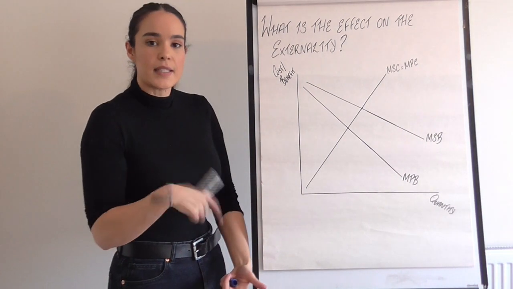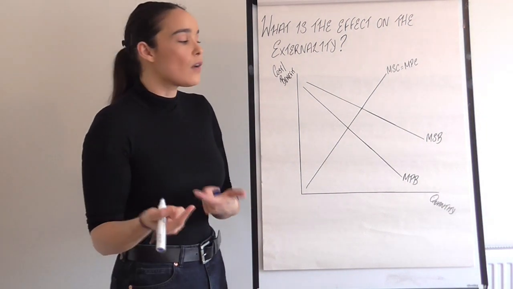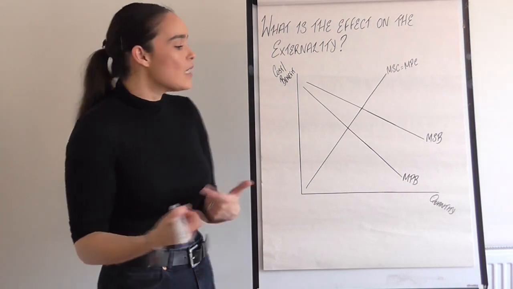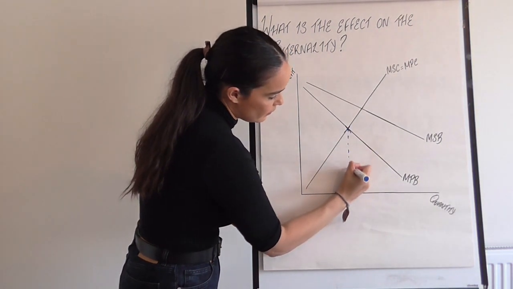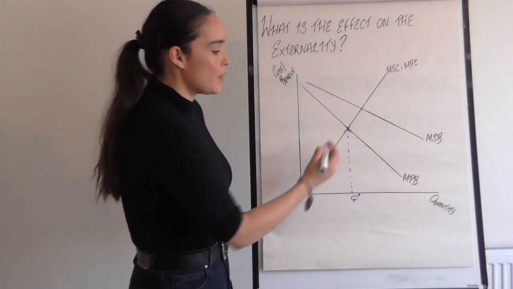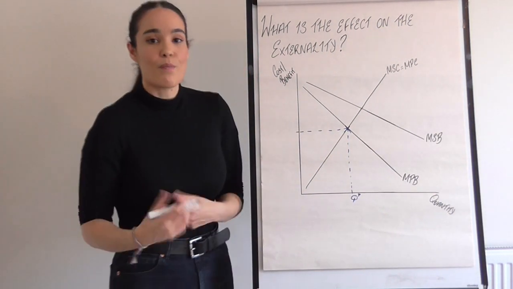We value our own short-term utility, not even our own long-run utility, because we don't have the information about it. So therefore we're going to consume at this quantity here. This is our private equilibrium, and we are going to benefit this much.